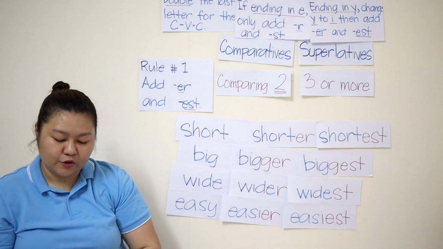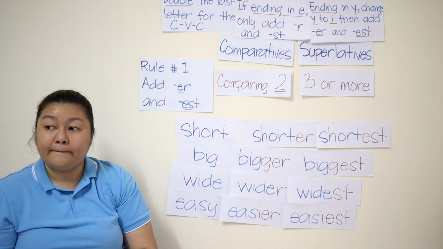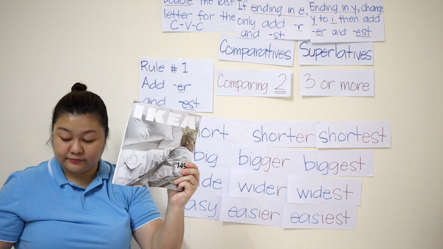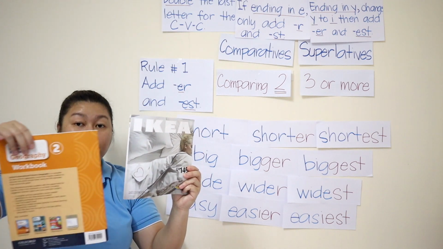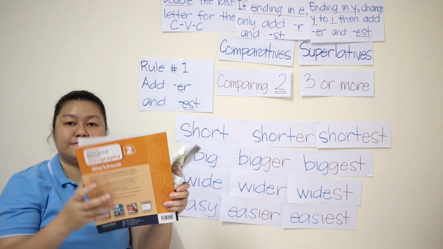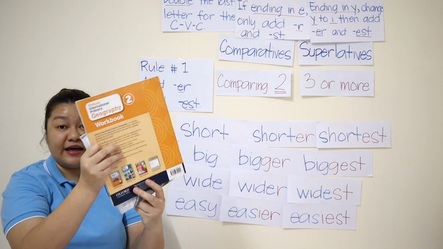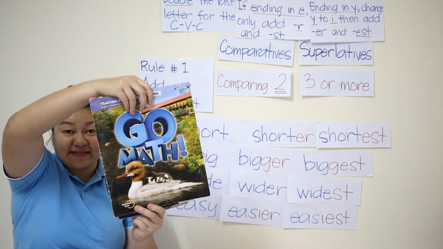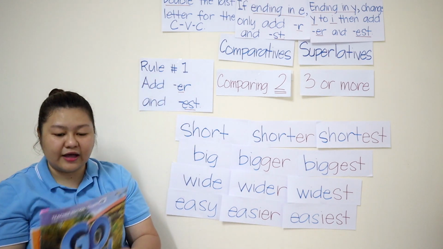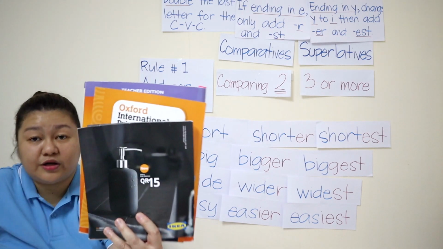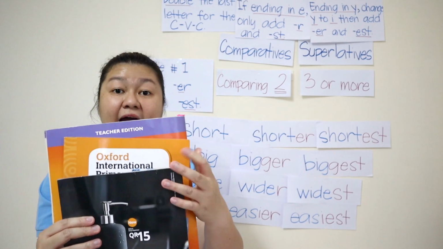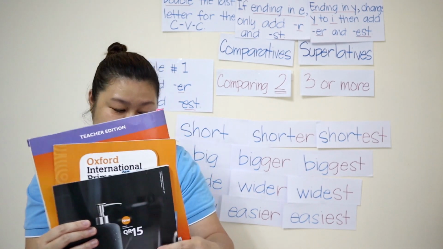Next, we'll have big, bigger. See, it's bigger. And then for the last one, we'll have biggest. See, if you compare the 3 books, look, it's big, bigger, and then the biggest.